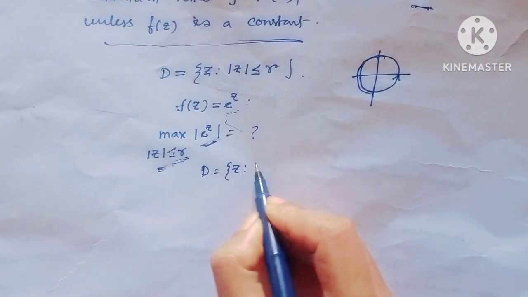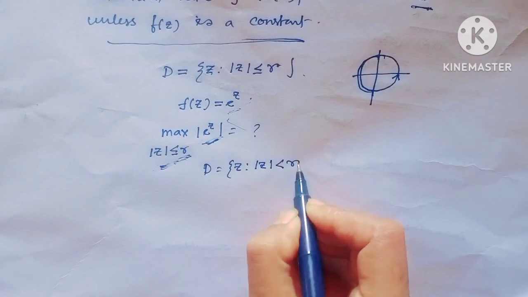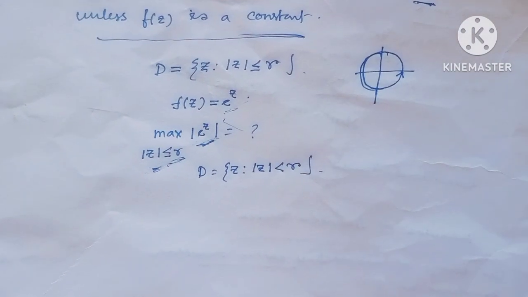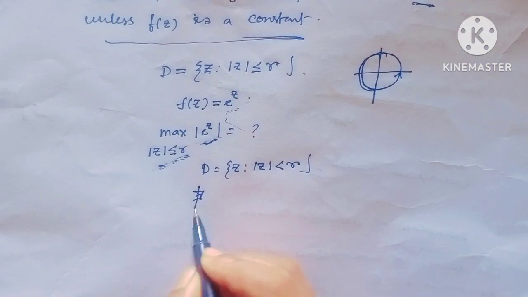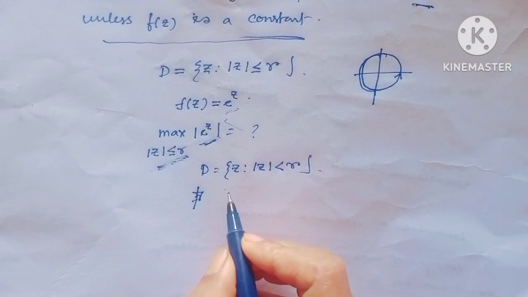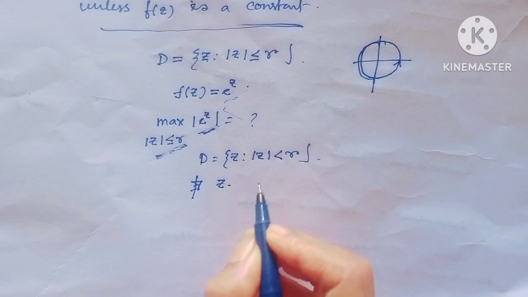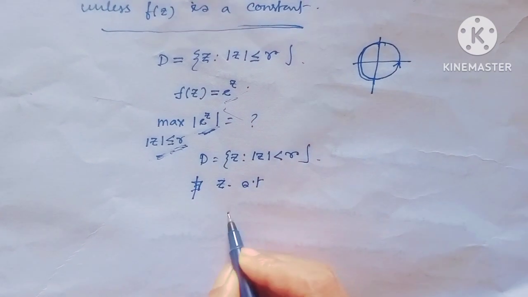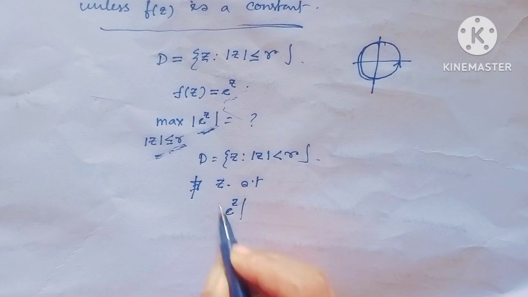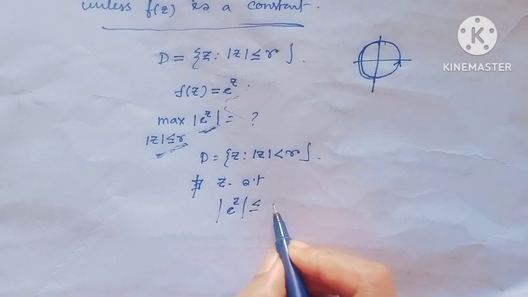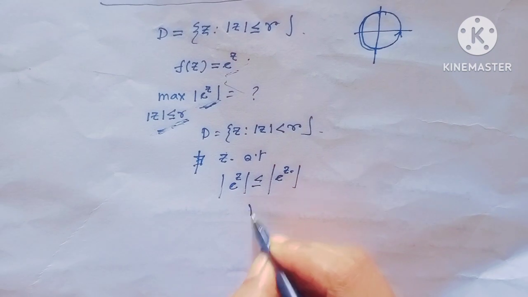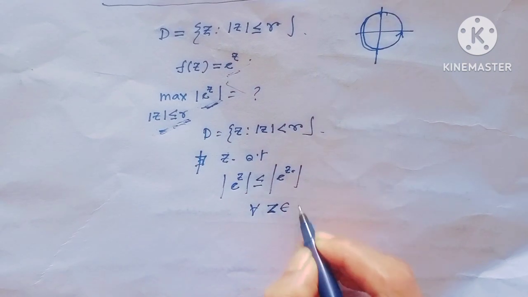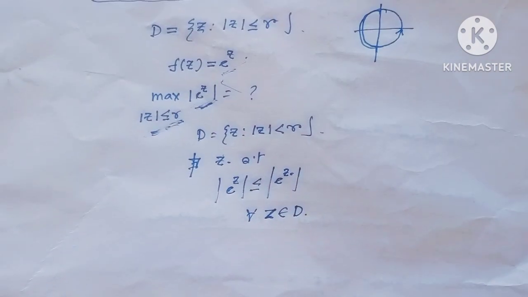In this domain there exists a z0 such that the modulus of e to the power z is less than or equal to the modulus of e to the power z0, and this is true for all z belonging to the domain D.